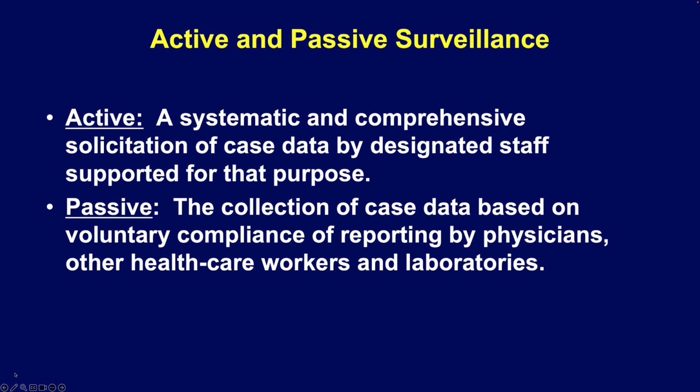But at the end of the day, with passive surveillance, health departments are essentially relying on individuals and organizations to follow through with their reporting obligations, which they often don't do. This leads to the surveillance system greatly undercounting the events under surveillance, making it less complete at counting cases. This is what's meant by the intensity of a surveillance system. It can be active or passive or some combination of the two, which we call hybrid.